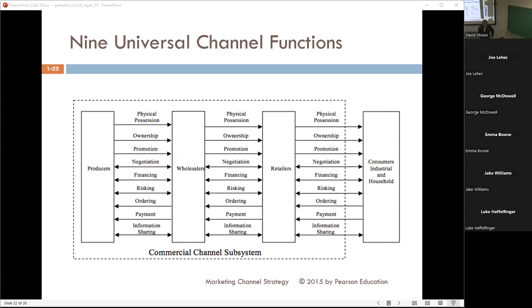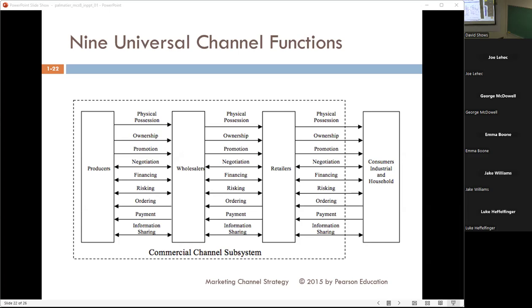Usually, there are 3 rules to remember, okay? The channel functions can occur at different times. Not every channel member needs to participate in the system, but every function must be performed.